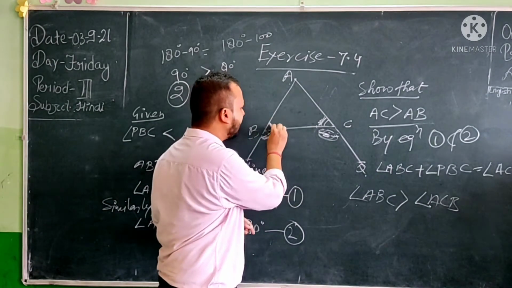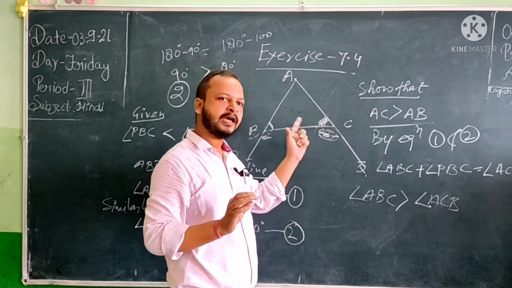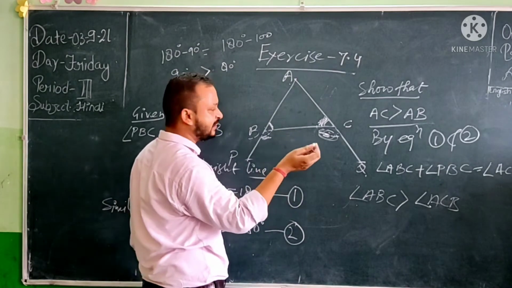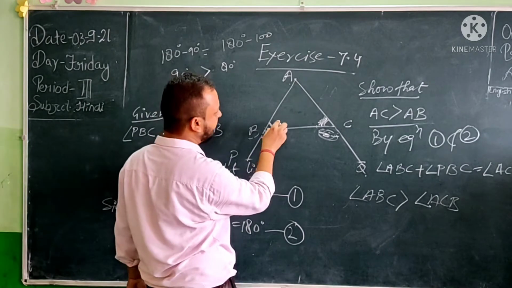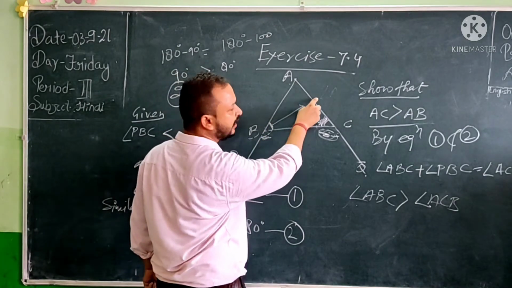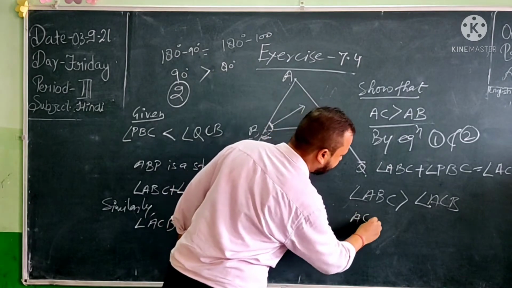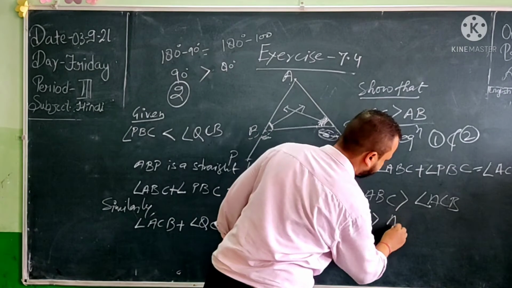It means this angle B is greater than angle C. By that you can conclude it, right? So you can say that the opposite side of angle B is what? AC. So AC is greater than which side? AB.